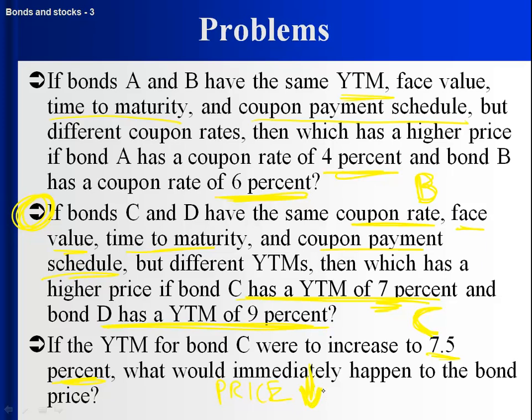One minute you're discounting all of those cash flows by 7%. The next minute you're discounting them by 7.5%. Price would go down. Another way to think about it is one minute we think of it as a level of risk consistent with 7%. A minute later, the risk has gone up, as evidenced by the fact that yield is now 7.5%. It's riskier, less value.